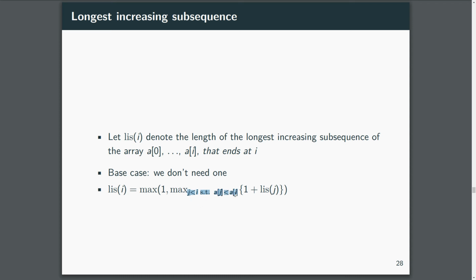Oh, yeah. We're looking at the set of values which satisfy this condition, and then for each value in that set, take the max of 1 plus list j. Okay, so this is exactly how we wrote it in the code.